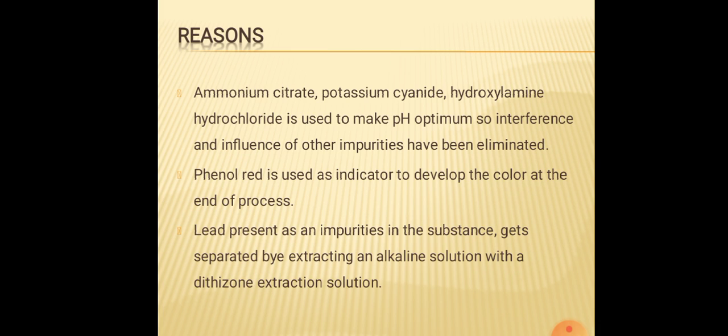The combination of lead dithizone salt and chloroform, means the green color and your violet color, produce the final red color. So this is the reason behind your test giving red color.